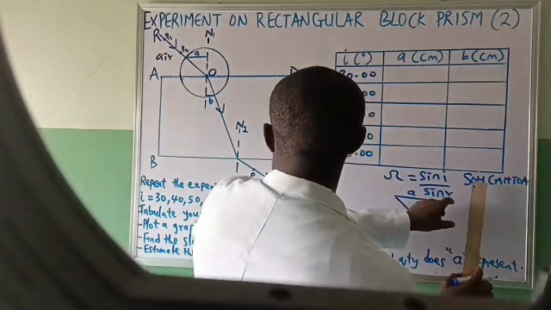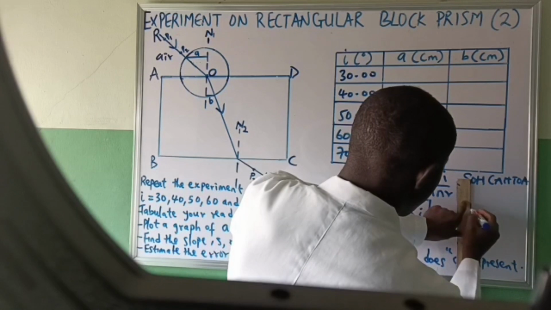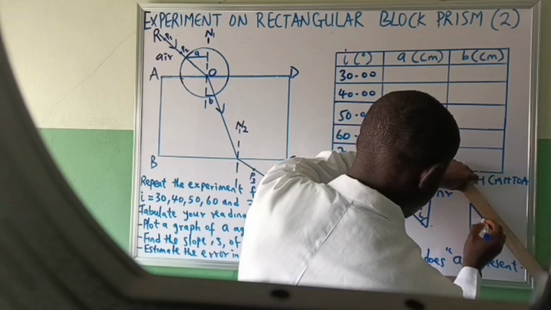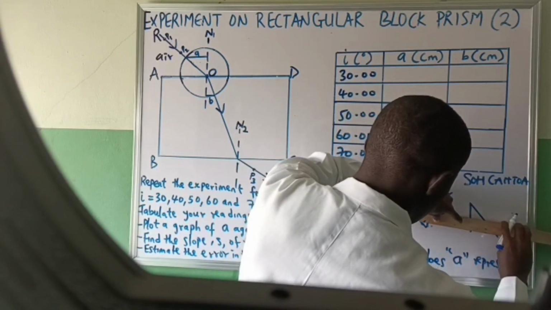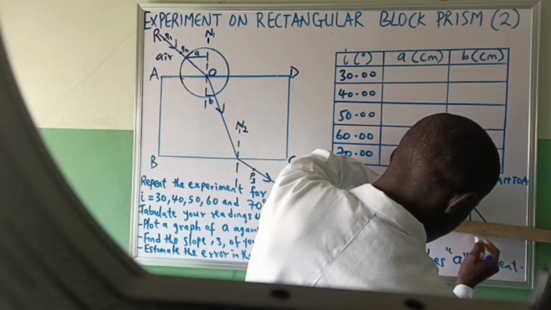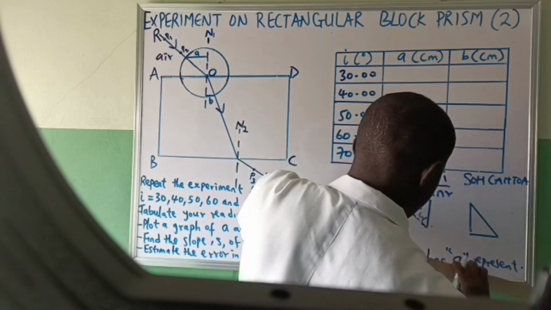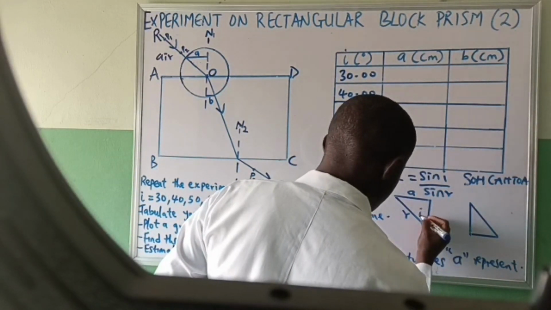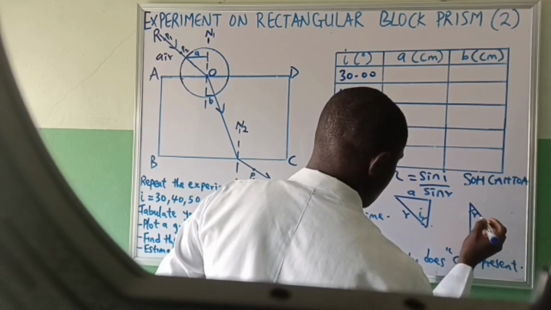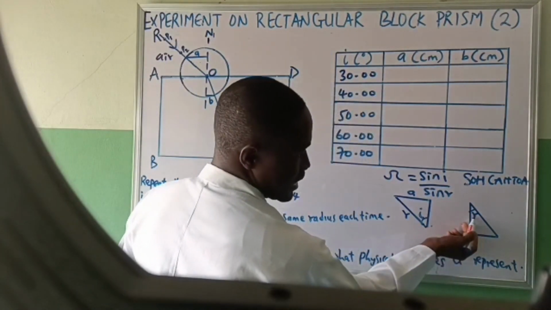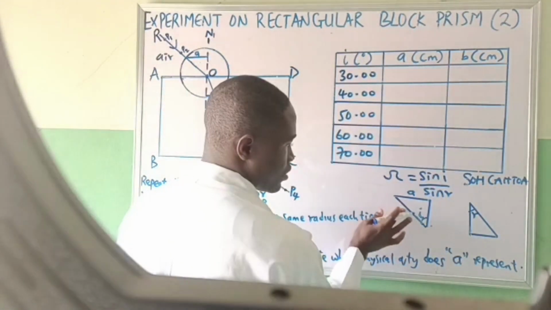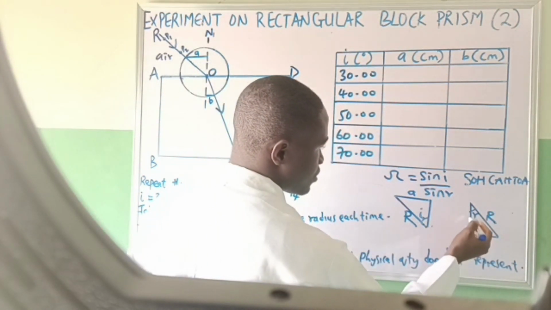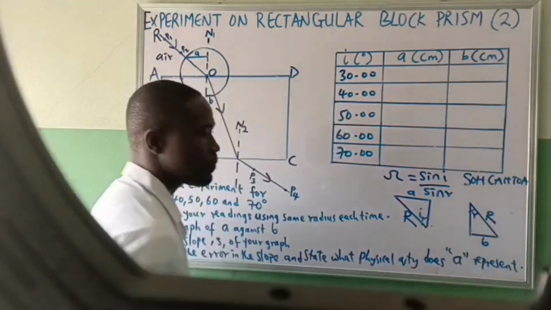Then the next one is to bring out this. So this is your r, the angle of refraction at this point. This is your radius, and then this is your B.